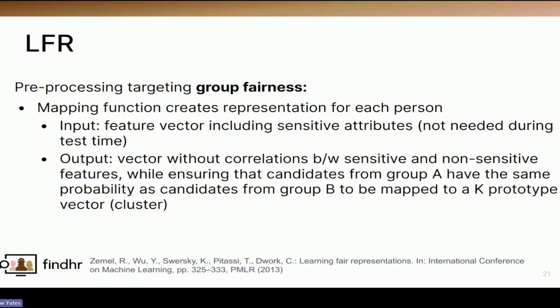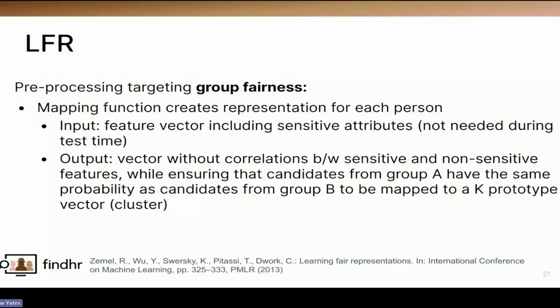And then as an output, the model creates a vector that should remove correlations between these sensitive and non-sensitive attributes, while also ensuring that candidates from different groups are similarly likely to be mapped to the same cluster or prototype vector. So the idea here is to map items to this cluster of items and then treat that cluster in one way or another.